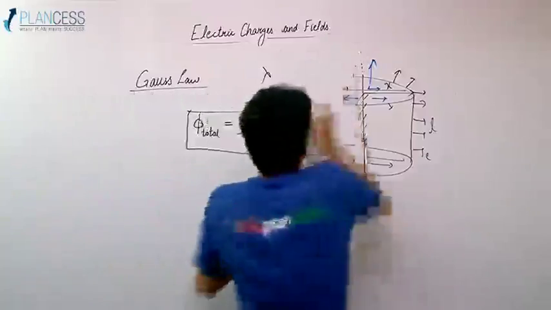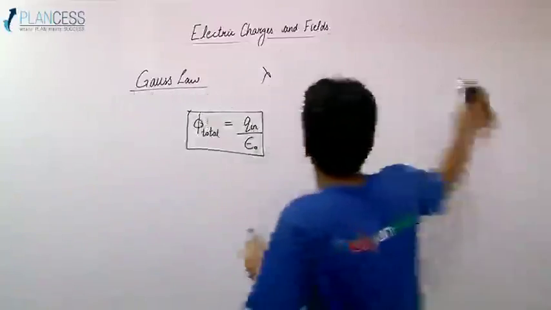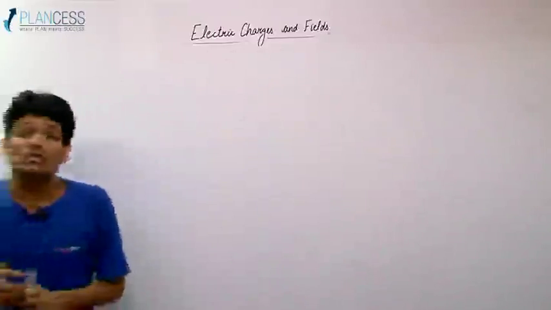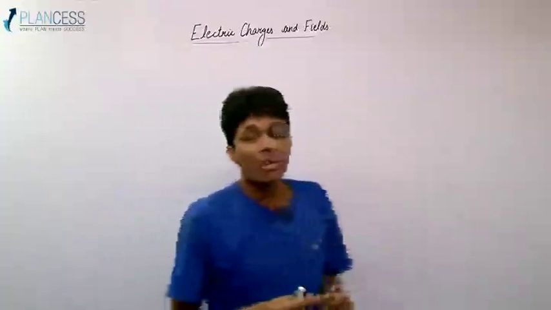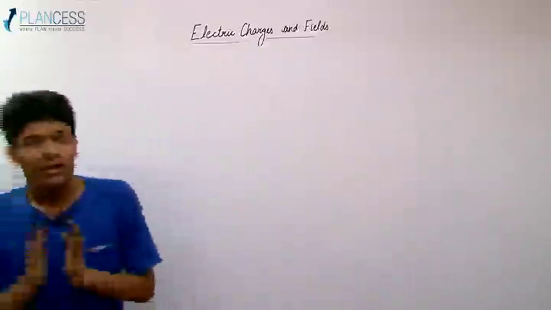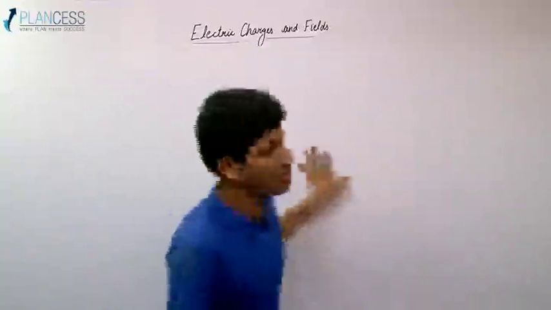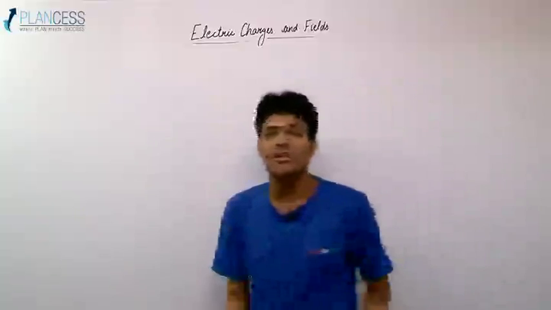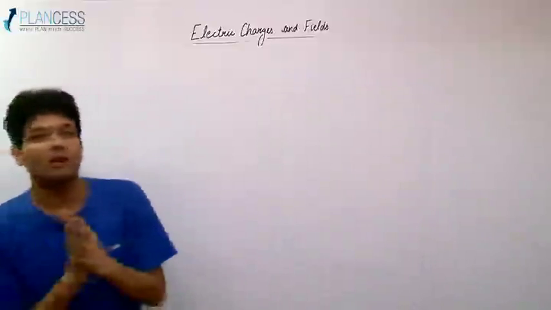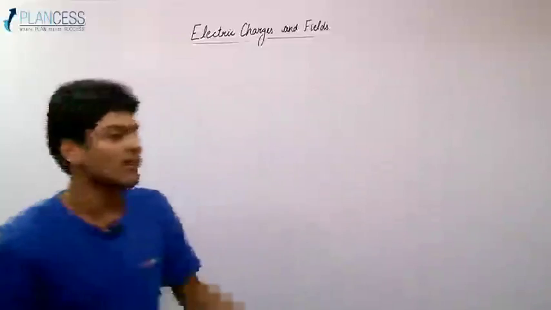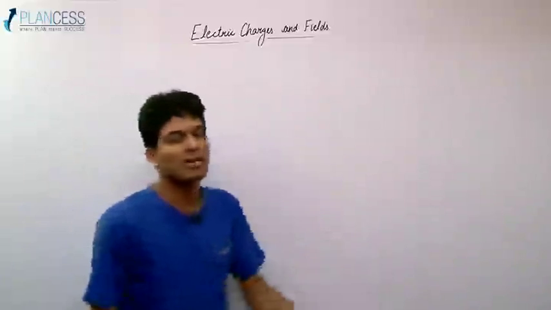So these were some basic things about Gauss law, in which we found out that if we choose a proper Gaussian surface, then solving questions on electric field becomes quite easy. So here we come to an end to the topic electric charges and fields. In this topic we started studying what electrostatics basically is, what electric charges are, then what electric fields are, and the electric fields for various shapes.